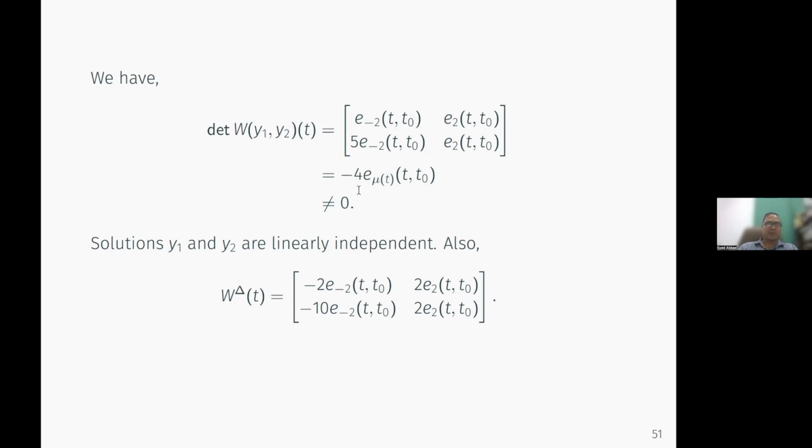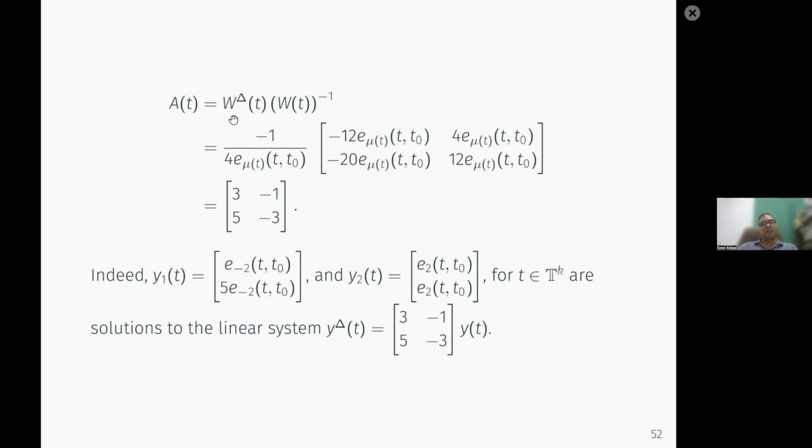So the solutions are linearly independent. Now W del t is actually given by this matrix, so we can compute the delta derivative. A(t) can be computed through this, which is given by W del t times W(t) inverse, and after computation we get this value for this setup, 3 minus 1, 5 minus 3.